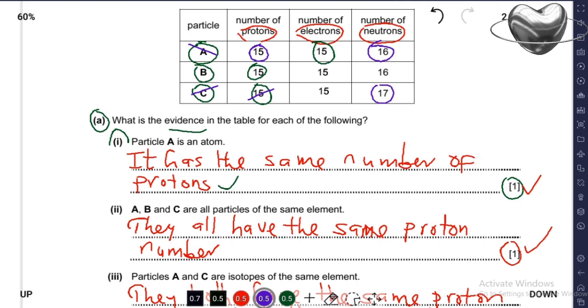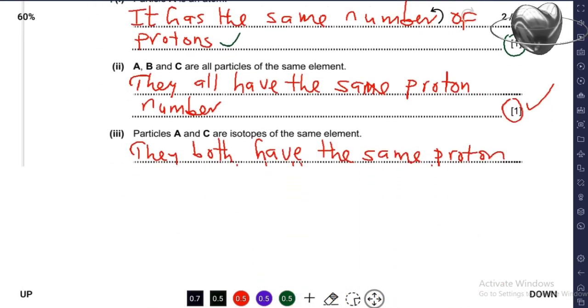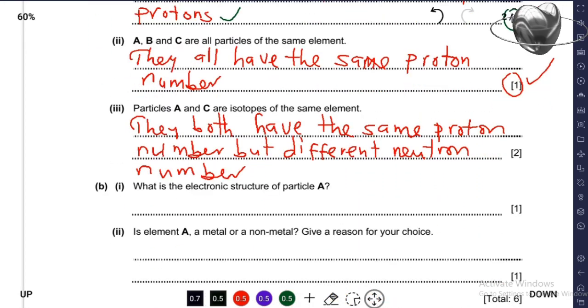So when we go back, we can now answer the question. The question is saying, what is the electronic structure? Now, when we say electronic structure, what do we mean? Electronic structure is more like electronic configuration.